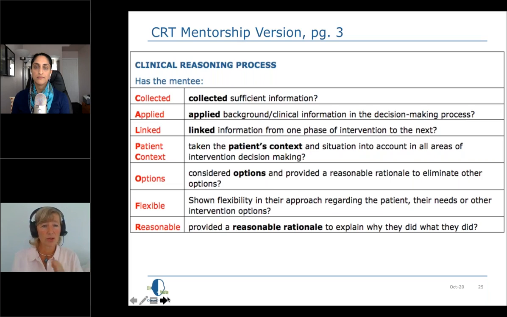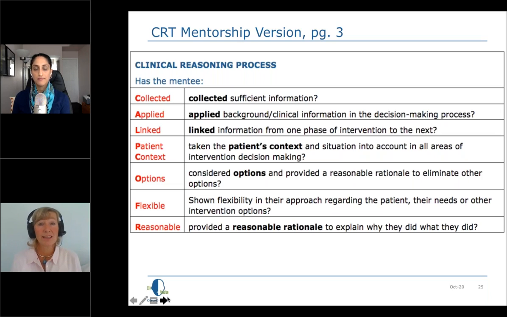You need to think about how it's all connected. And obviously, patient context is key. You're always thinking of being patient-centered, taking into consideration their specific situation in all areas of intervention decision-making.